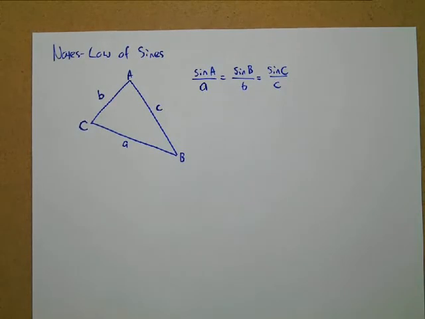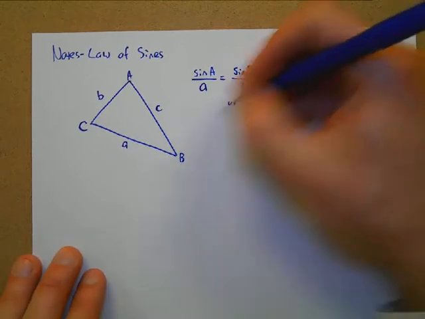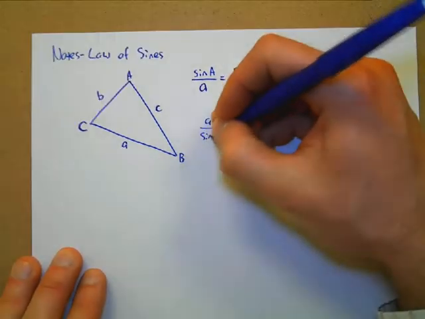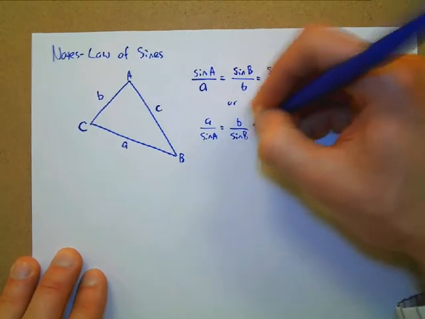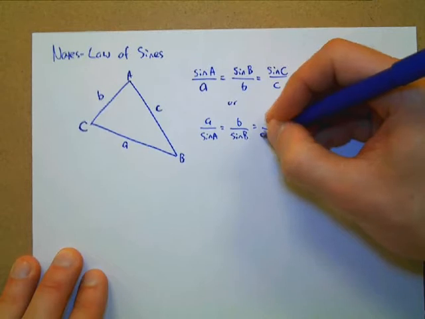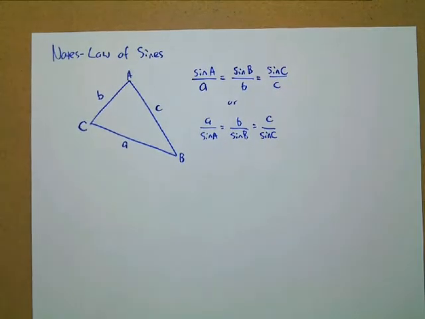Or, and you don't have to write this one down if you don't want to, sometimes you'll see it written like this, with the reciprocal. That's it. That's the law of sines.